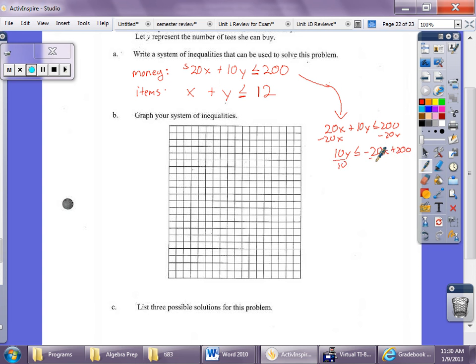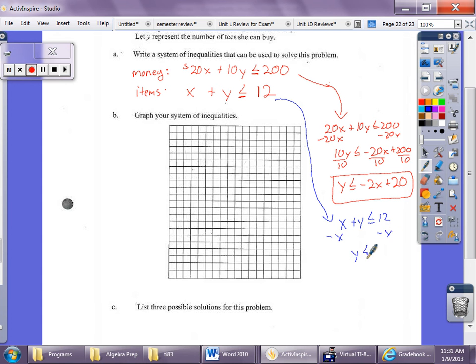Divide by 10. And y is less than or equal to negative 2x plus 20. So there's one equation, and then the second equation is easier to solve because y is all by itself, so we just subtract the x. So y is less than or equal to negative x plus 12.